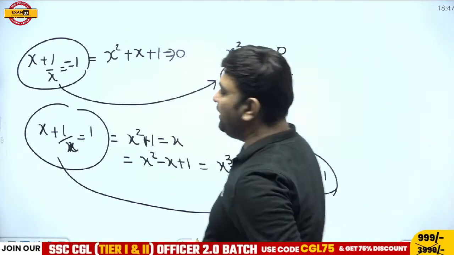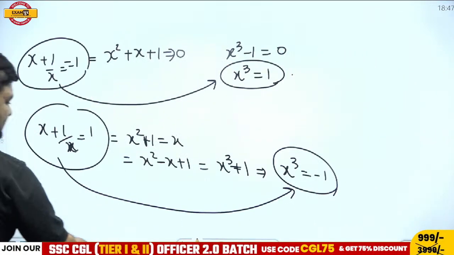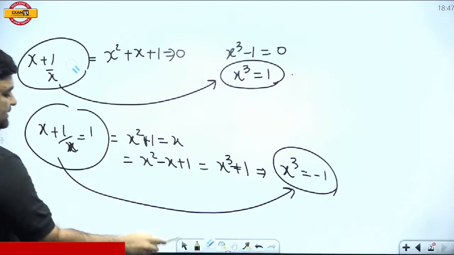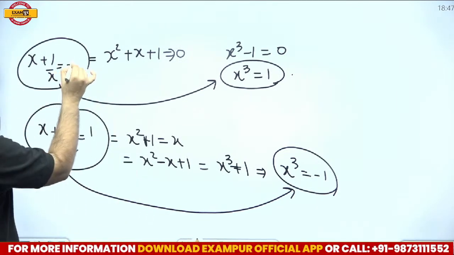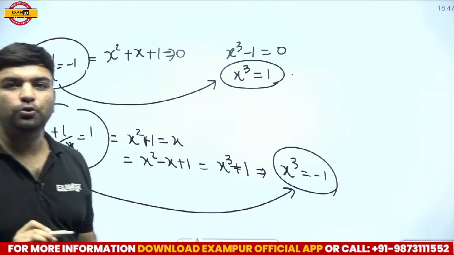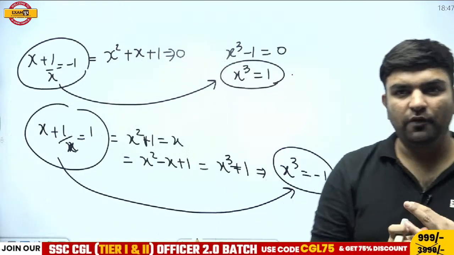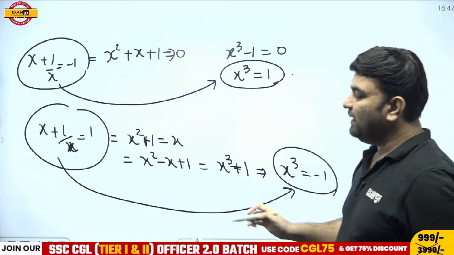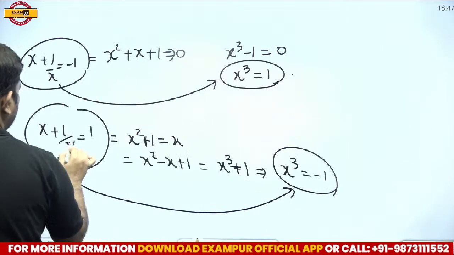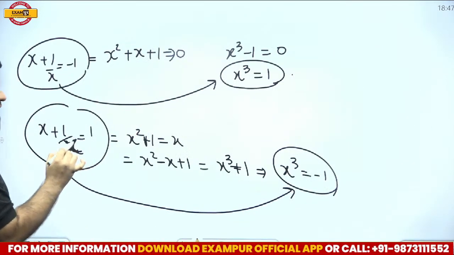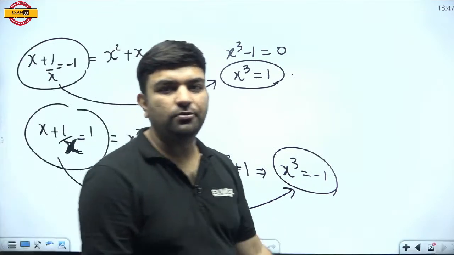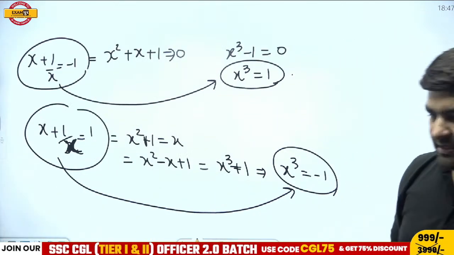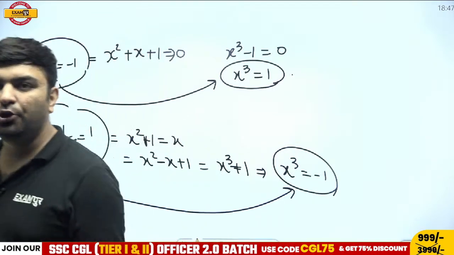So x plus 1 upon x is minus 1 is a situation of x cube equal to 1, and x plus 1 upon x is 1 is the situation of x cube equal to minus 1.